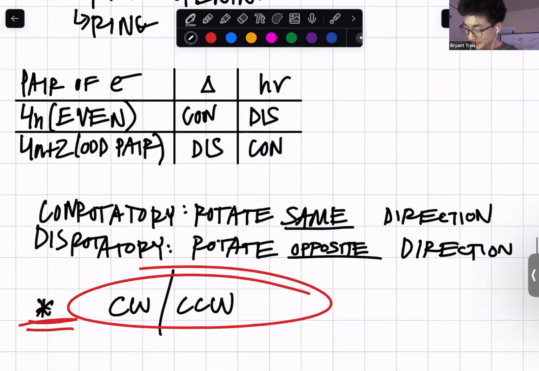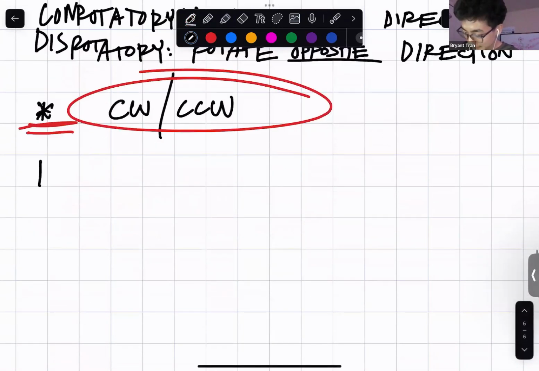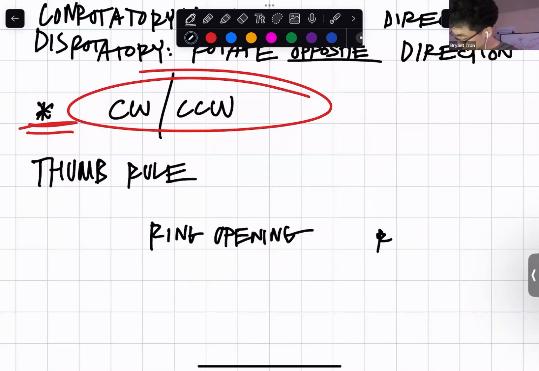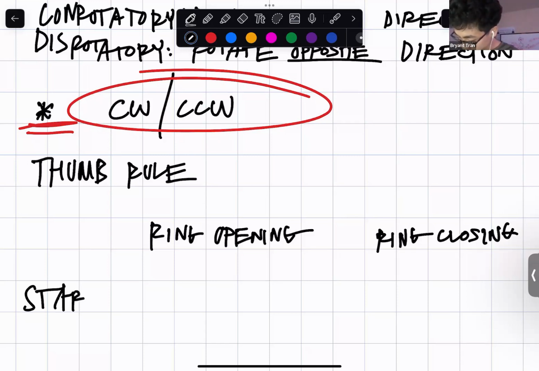Another chart that can help you is the thumb rule chart. There are different scenarios depending on the reaction, ring opening versus ring closing, where you start your thumbs a certain way and end your thumbs a certain way.